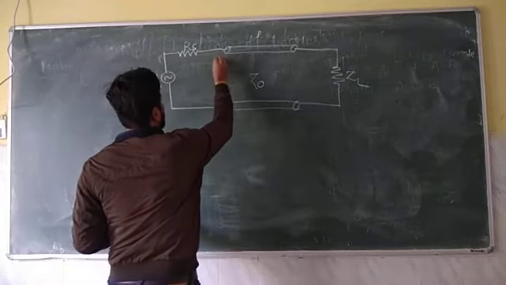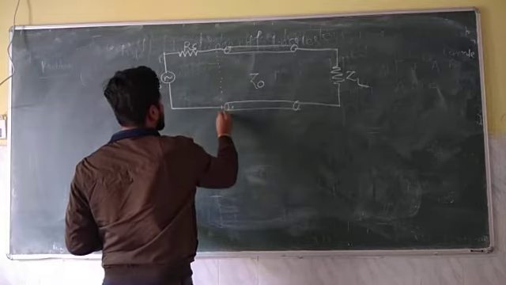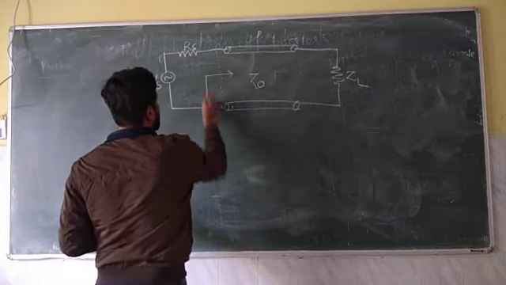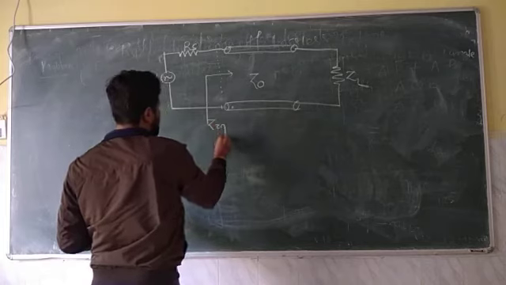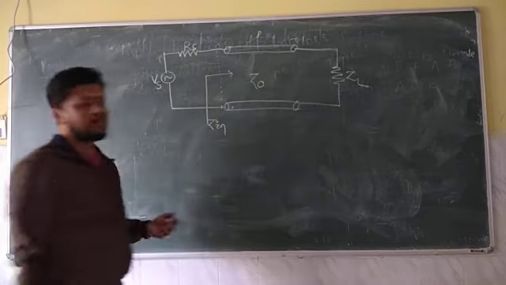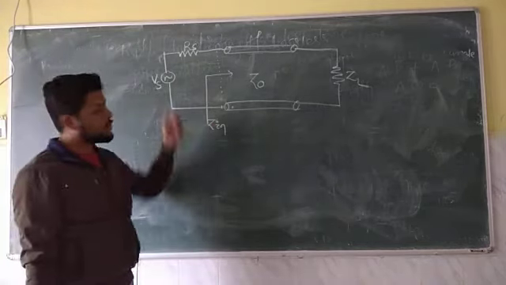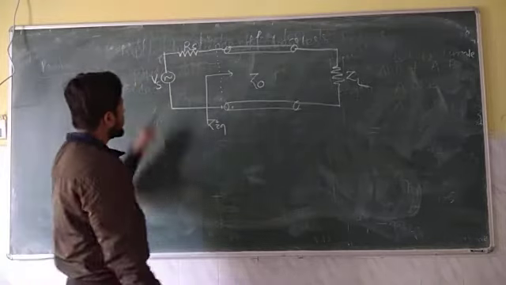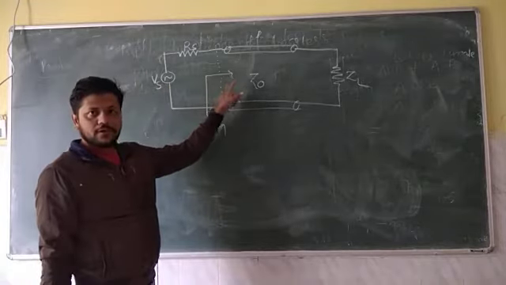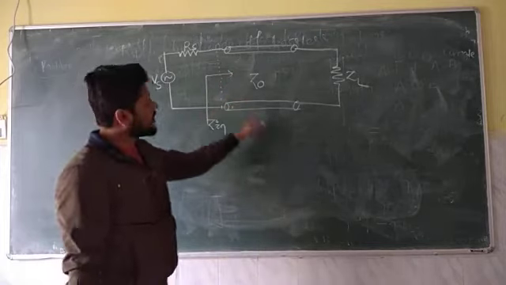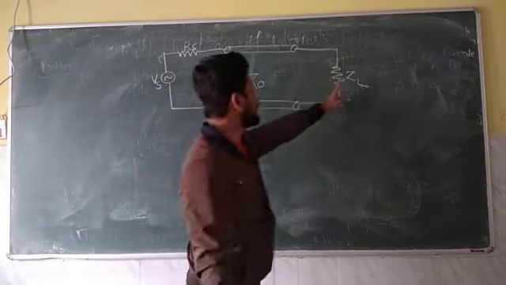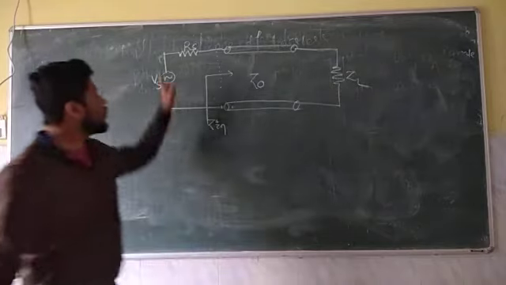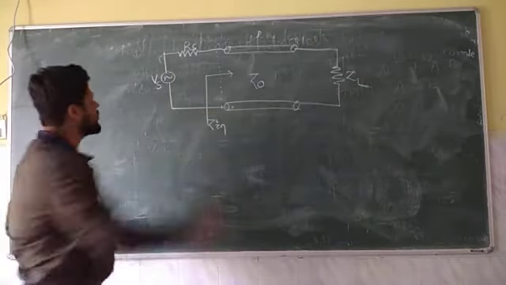Input impedance means the impedance seen here, that is your Zin. This is your input impedance, that is the impedance seen by this source, because this source is going to deliver maximum power to the transmission line, and this transmission line is going to deliver maximum power to your load. Suppose this is your Zs.